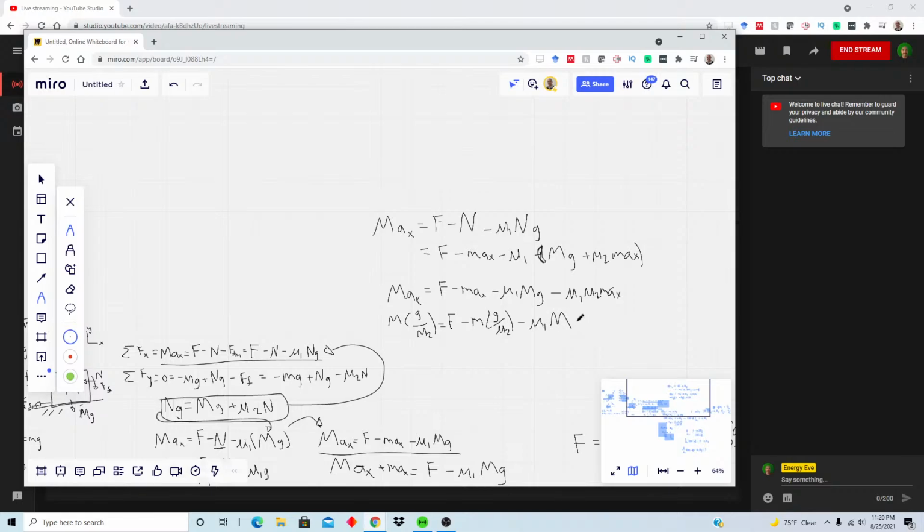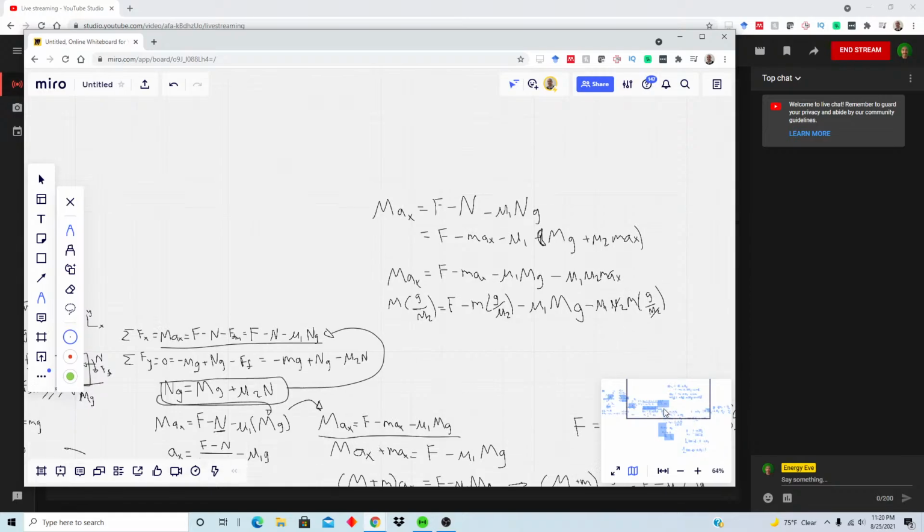I know the mu's look like m's. Bear with me. Oh, and there's an a right here, which becomes g over mu2, which will cancel out these mu2's.